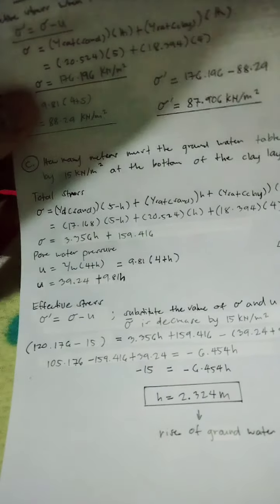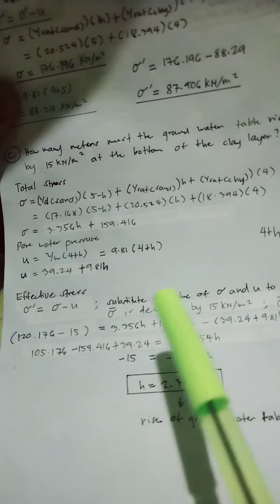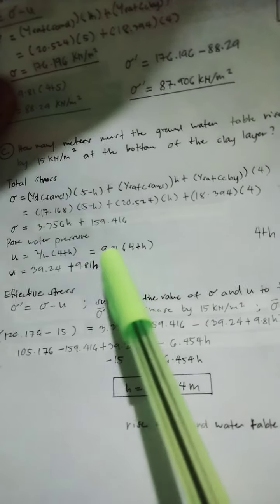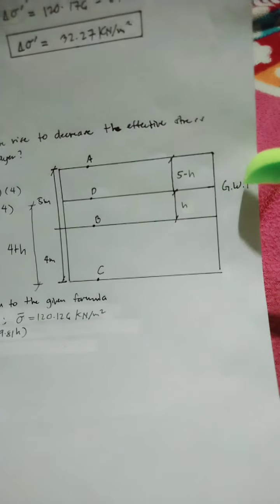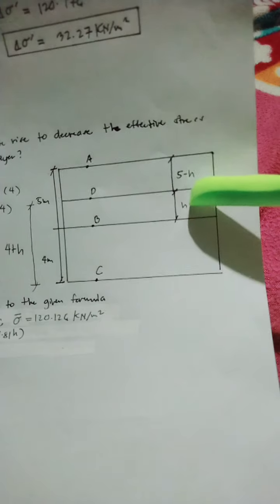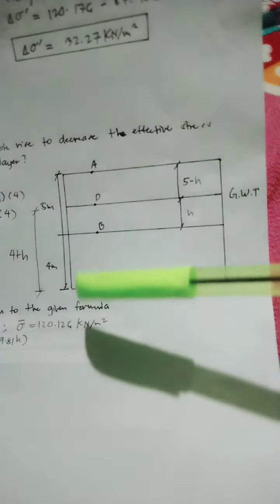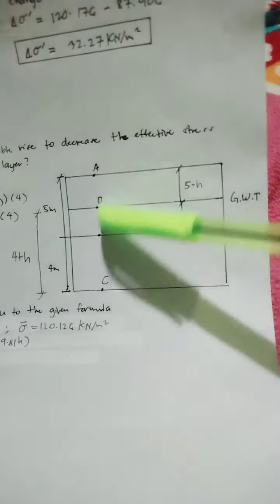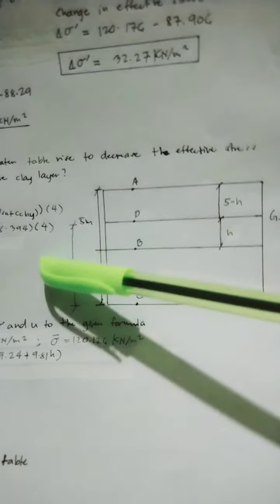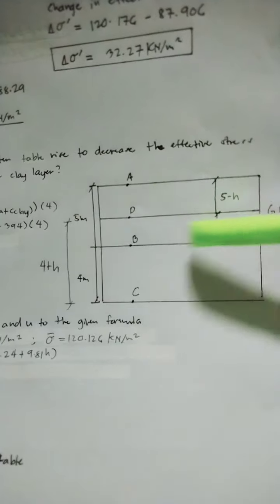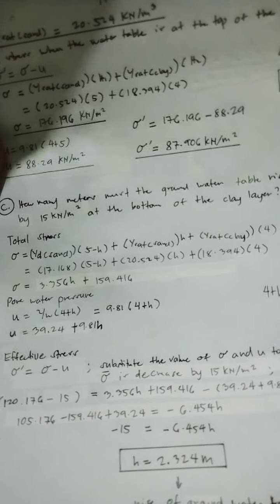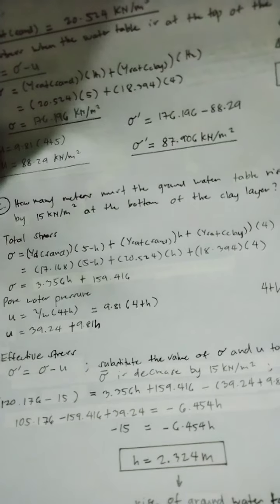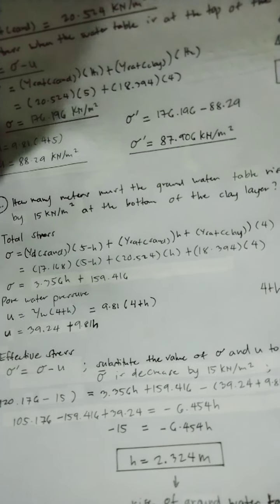Simplify. And then the pore water pressure. Since the groundwater table is here, the pore water pressure is from D to C, so the distance is 4 plus h. Simply multiply 9.81 times 4 plus h, then simplify, and we get 39.24 plus 9.81 times h.